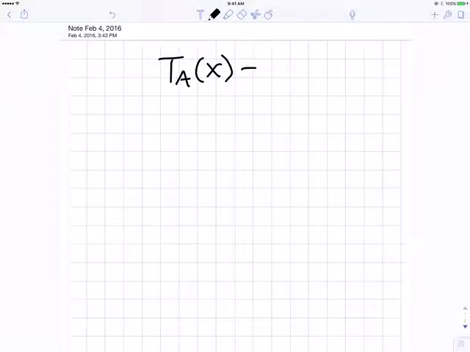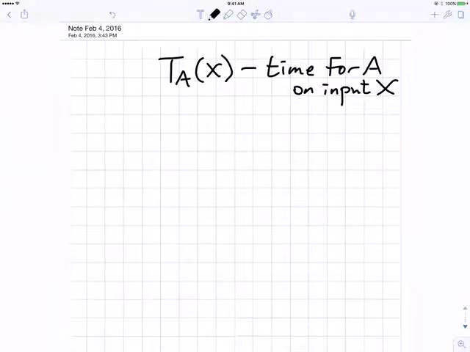So this is the time for algorithm A on input X. Now, normally when we analyze algorithms, because we think the world is out to get us, because we want to always be able to say this algorithm with no other assumptions always runs in, say, less than n squared time, what we're actually interested in is the worst case running time of the algorithm as a function of the input size.